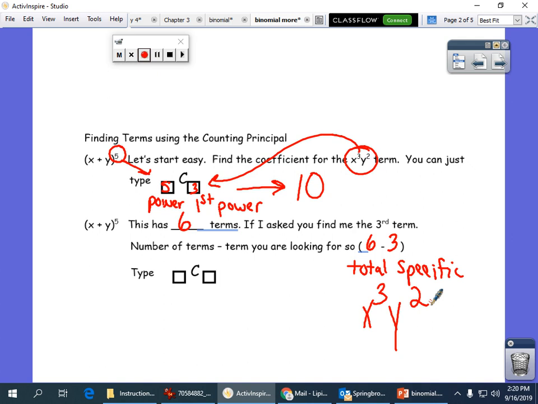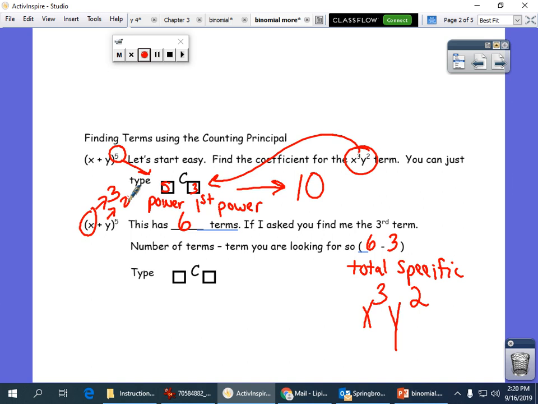So 6 minus 3 is 3. So the first term gets a power of 3. But my term powers must add up to the total power, sort of like how neutrons and protons have to balance out. So it has to total out, and this gets a power of 2.